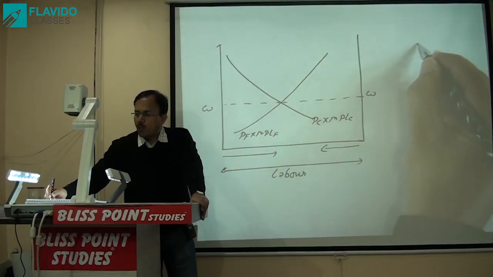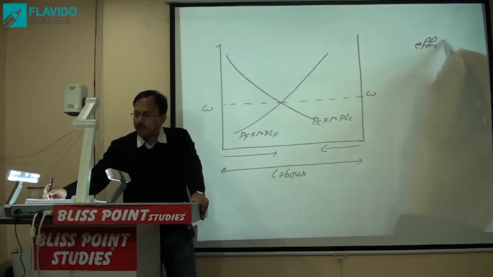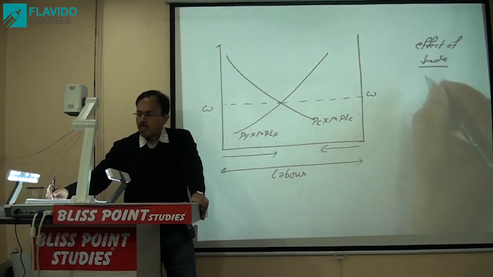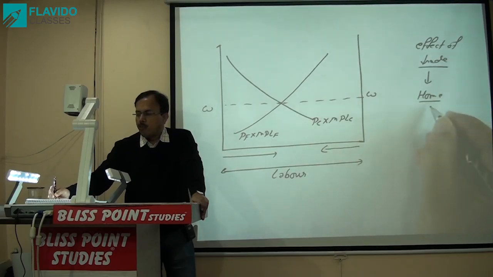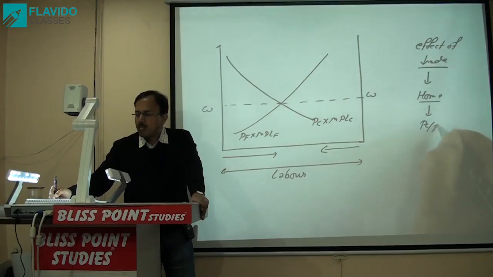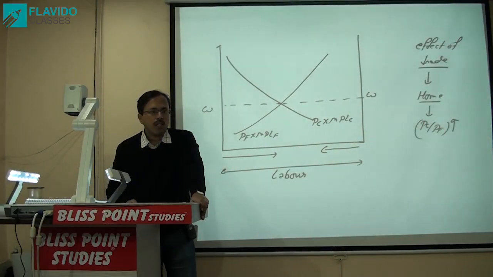Now what will be the effect of trade? Suppose we have to explain the effect of trade on the home country. First of all, remember, due to trade in the home country, PC by PF increases.